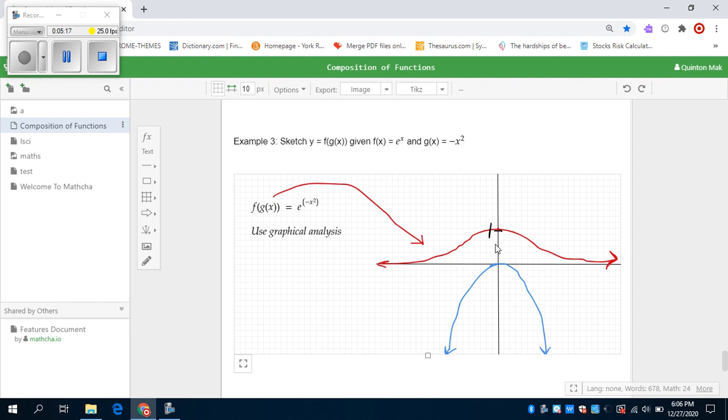So you can sketch how the function looks by thinking of how the function will behave when you substitute these values into the exponential.